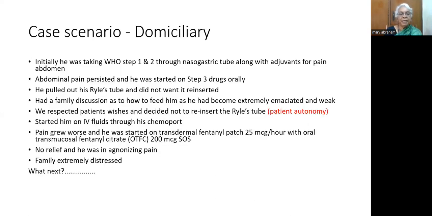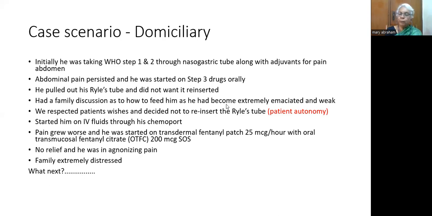Next. Now, initially, this gentleman was taking step 1 and 2 drugs through the nasogastric tube, because when he was discharged, he had the nasogastric tube, along with adjuvants for his pain abdomen. But the abdominal pain persisted, and then he had to be started on oral step 3 drugs, that is strong opioids like morphine.